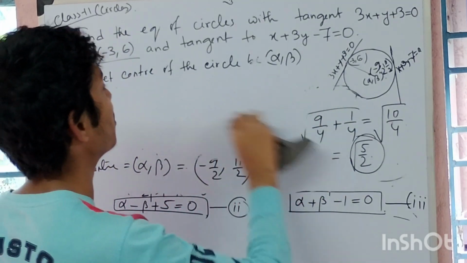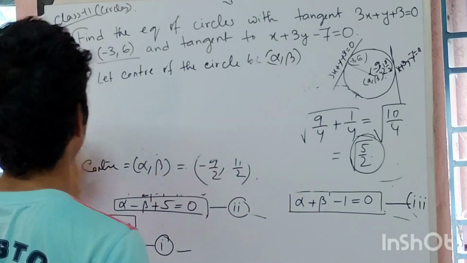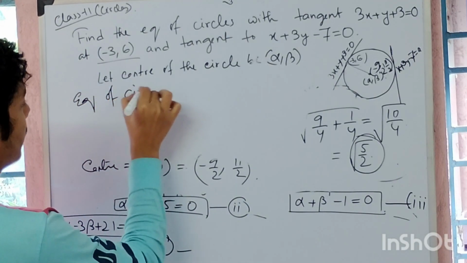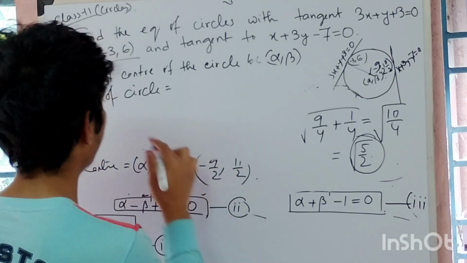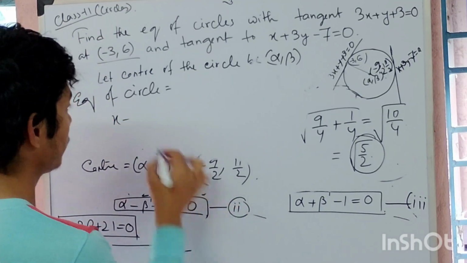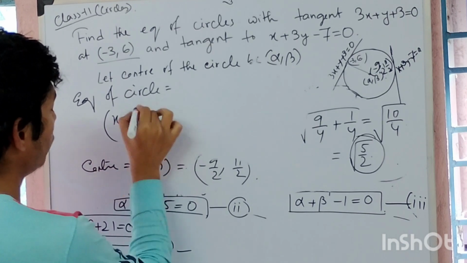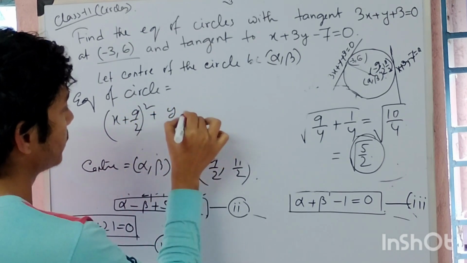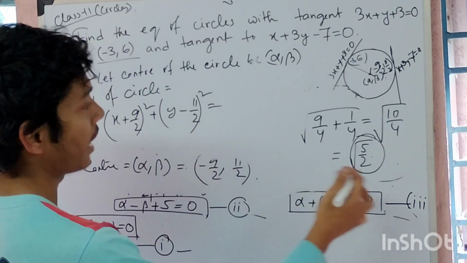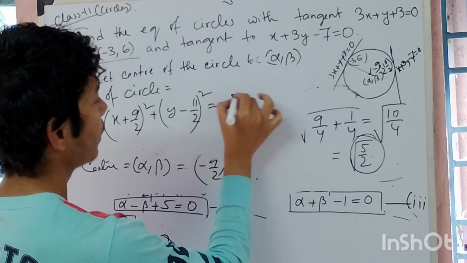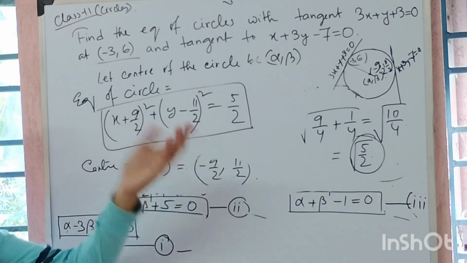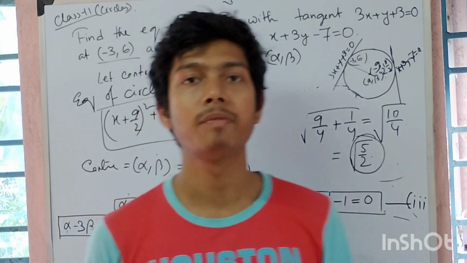So it will be my equation of circle: x minus alpha, and my alpha beta is this one, so x plus 9 by 2 whole square plus y minus beta, 11 by 2, whole square equals r square. R square means its square, which will be 5 by 2. This is my second equation of circle, and I had to find the equation of circles. Both the equations have been found out.